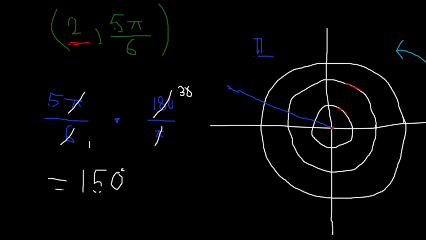We know it's on the second circle since the radius is 2. 1, 2. So our point is right here. So if you see that the theta is in radians, you could convert it to degrees and then graph it.